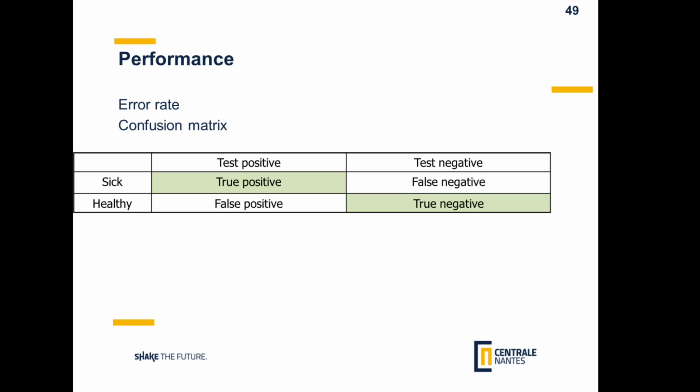So this is the thing that you are interested in finding. And of course, false positives and false negatives, you want to avoid at all costs. So this is a way of identifying if your classification is right or not. You build your model on a learning set, and then you test it on a test set before using it on unlabeled data.